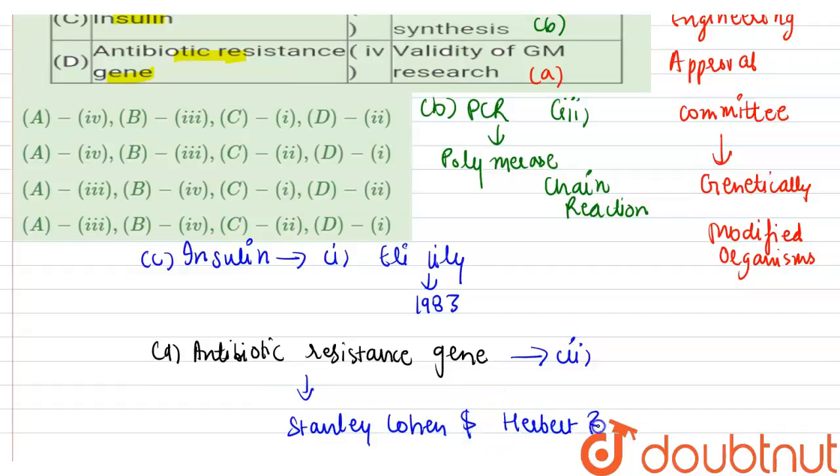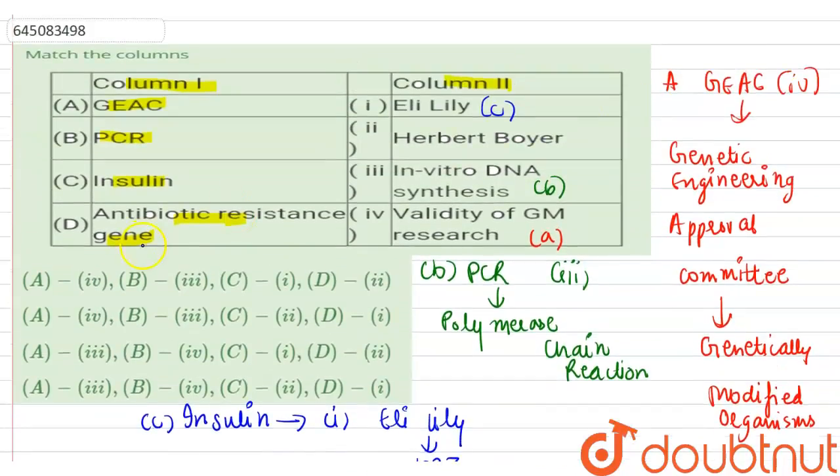Herbert Boer isolated an antibiotic resistance gene by cutting out a piece of DNA from a plasmid which was responsible for conferring antibiotic resistance in the year 1972. So the correct match for this is antibiotic resistance gene. Herbert Boer is the correct match for this.